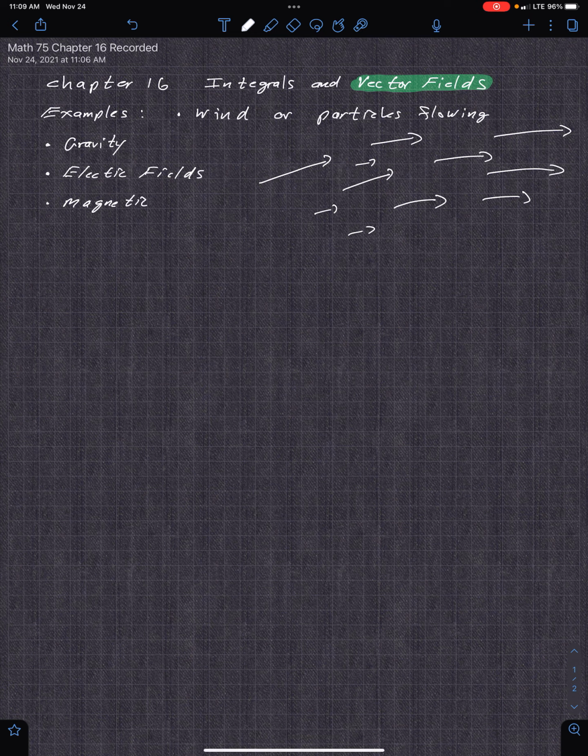Or magnetism is another example. And we represent that like this: F of x, y, z, and notice that it's a vector, equal to Mi plus Nj plus Pk. And that would, of course, be in 3D.